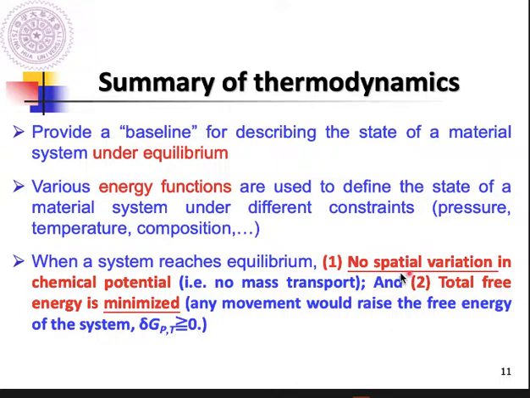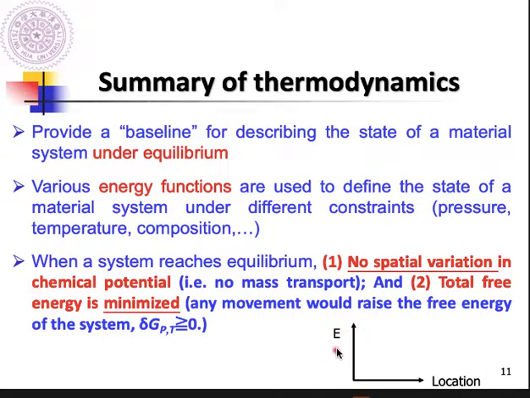That means in space, the chemical potential is the same everywhere. Based on this, there's no mass transfer. And the total free energy must be minimized. Minimized means any movement would raise the free energy of the system. So no spatial variation in chemical potential.